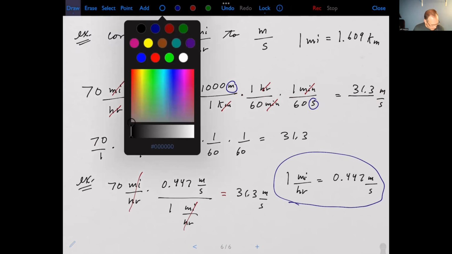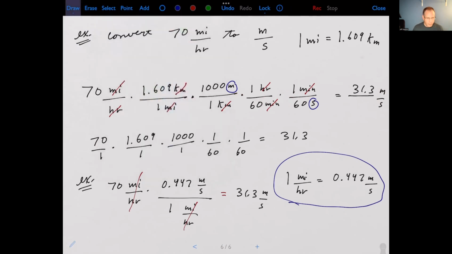Okay, so we've been dealing with length, right? What if we're dealing with area or volume? How do you handle that if you want to convert from one area to another area, one volume to another volume? Let me give you one example here. Let's say I want to convert 4 cubic yards.